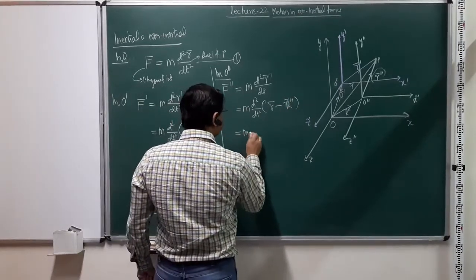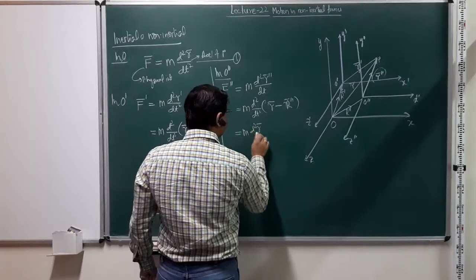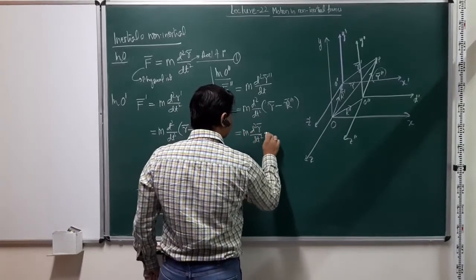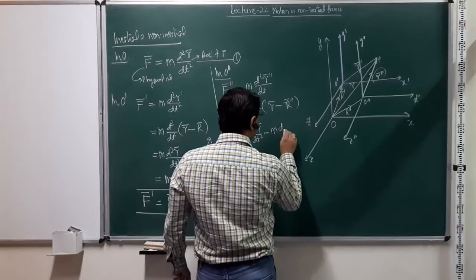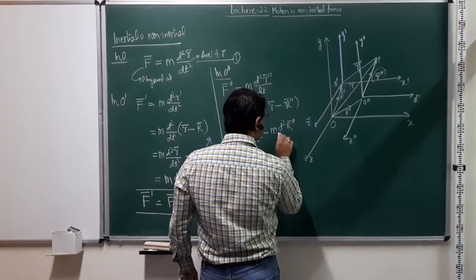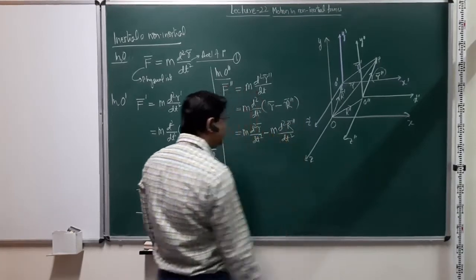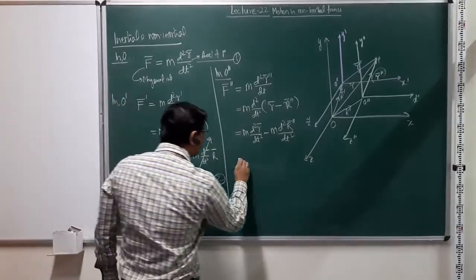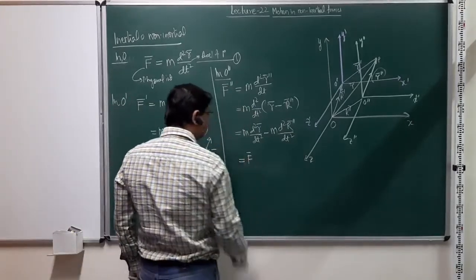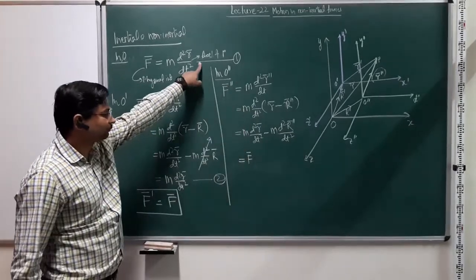This again gives us m d²r/dt² minus m d²R double prime/dt². This is F from 1.